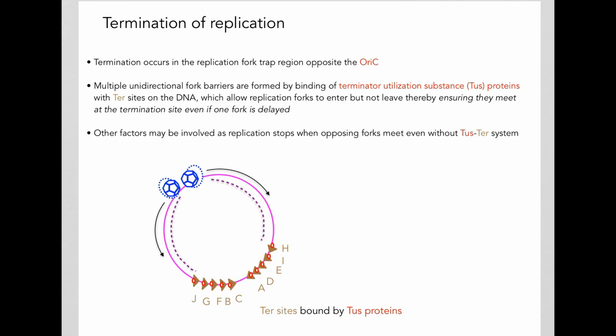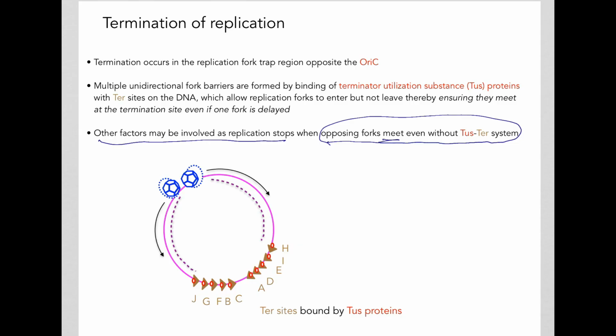And this ensures that the replication forks will meet at the termination site, even if one fork is delayed compared to the other. There may be other factors involved in replication termination, because it is seen that the opposing forks will meet even without TUS-TER systems.